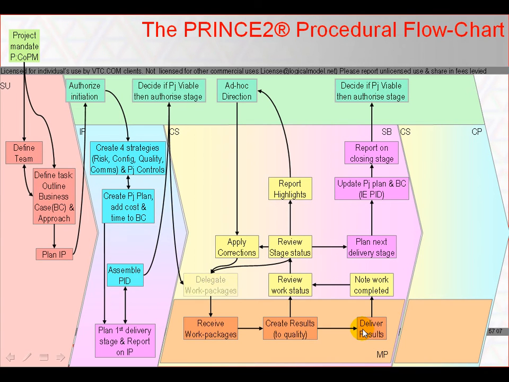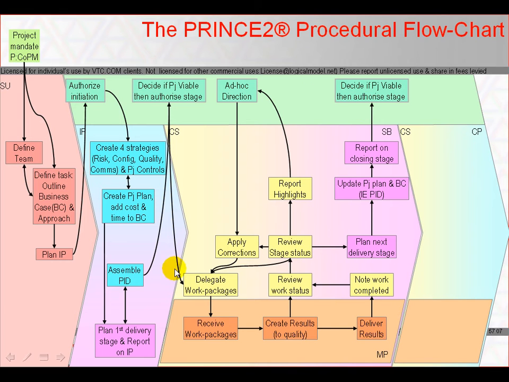If so, then the cycle of delegate, receive, create, deliver, note completion and review stage status restarts, with the project manager taking control of the stage on a day-to-day basis, handing out work packages and noting when they are complete in order to delegate further work packages, and when the supply of work packages within the current stage plan is exhausted, starting the plan next delivery stage, update project plan, report on closing stage, and ask the project board for permission to start again, and so we go around a tight cycle within the stage and a larger cycle for each stage.